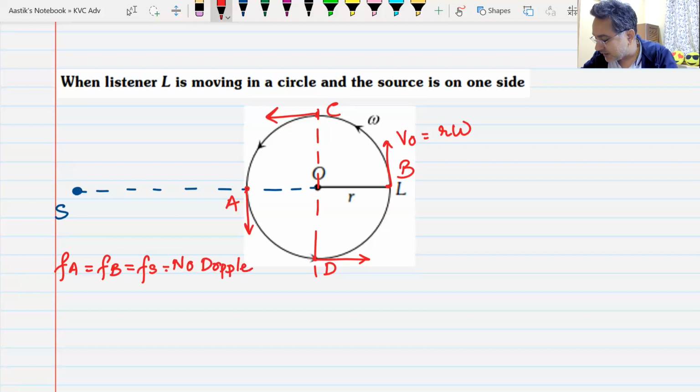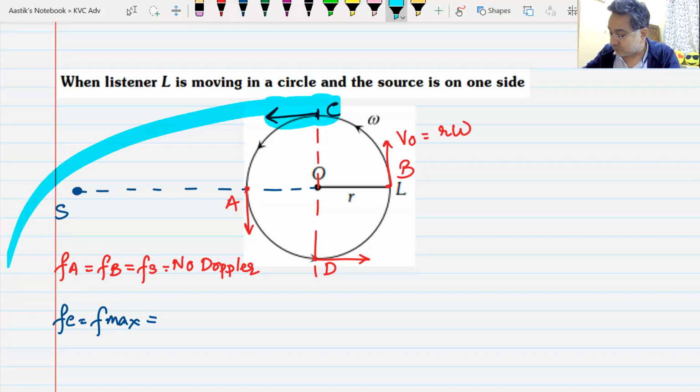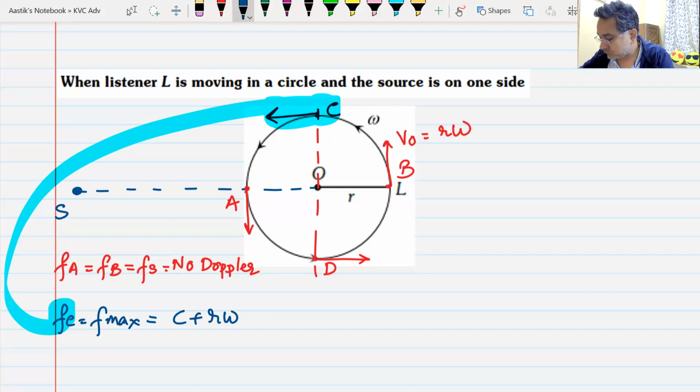Then at one point it is max and at one point it is min. At which point is it max? At which point is it min? FC will be the maximum frequency, and the value will be C plus omega R by C into Fs.